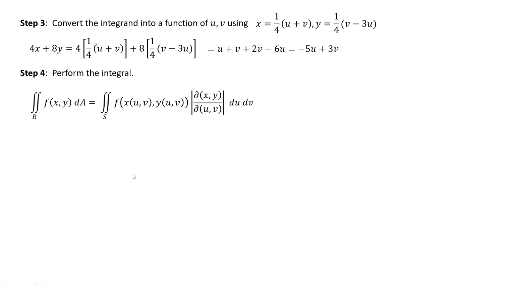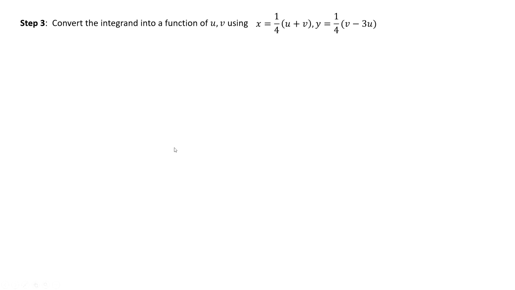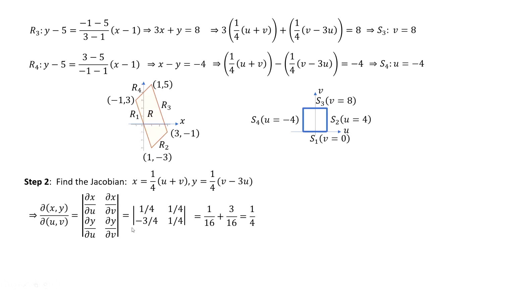So earlier we found a determinant. Notice, I don't have an absolute value here. That Jacobian is given by the determinant here. And after we find the determinant, I'm saying we actually need to take the absolute value of this 1/4.